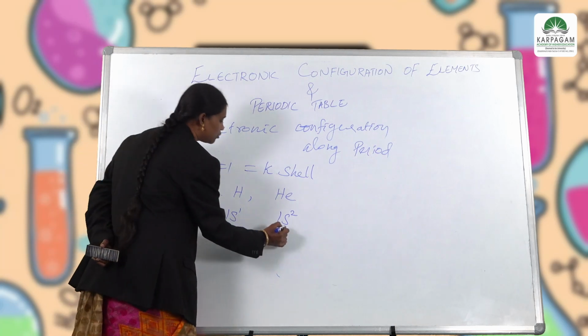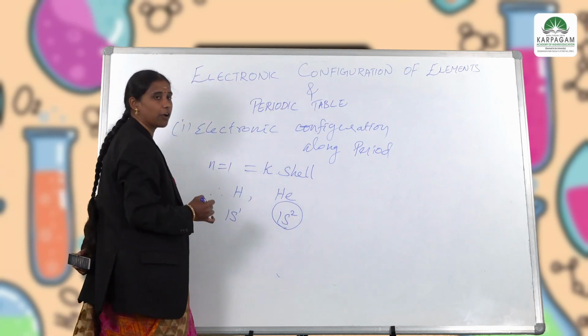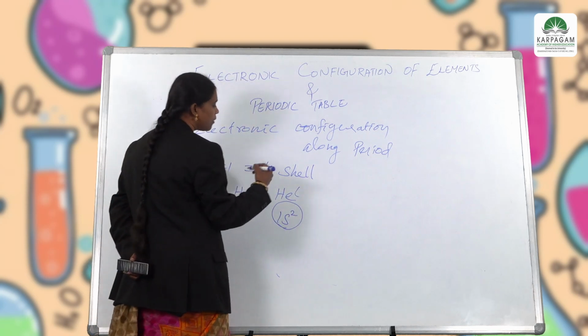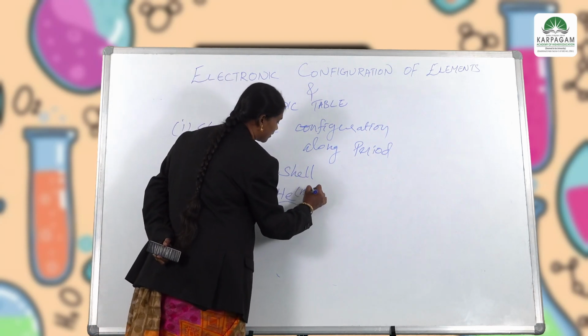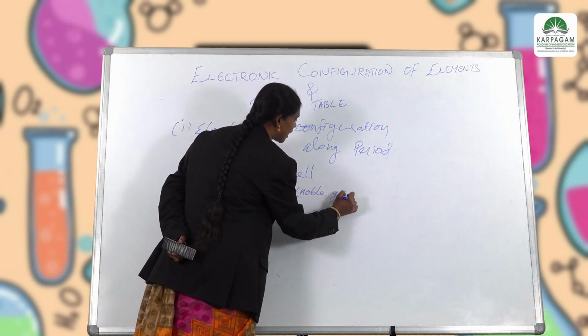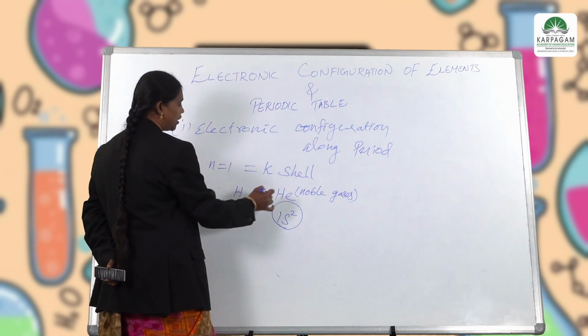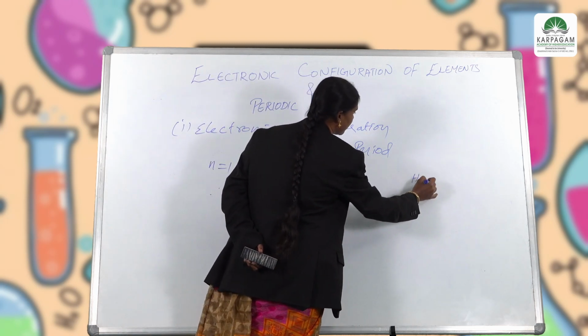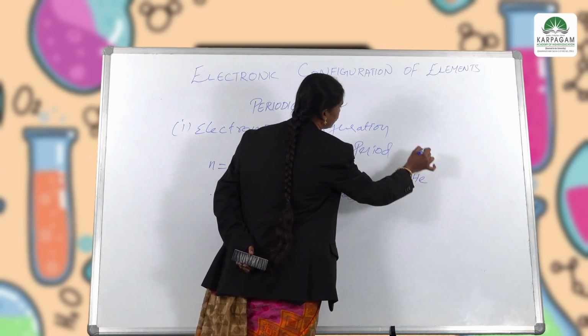It is a completely filled orbital, so it has properties like the noble gases. That's why helium, with 1s2, is positioned along the 18th group.